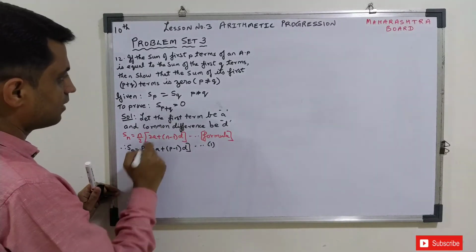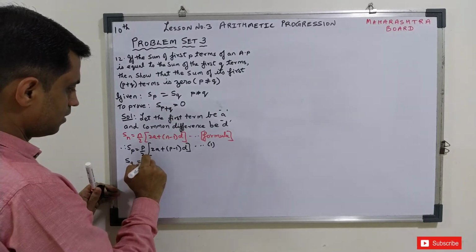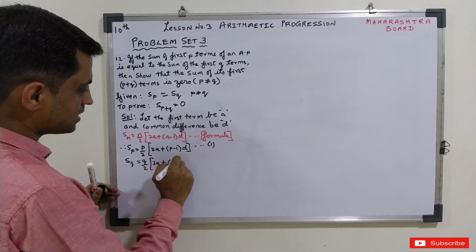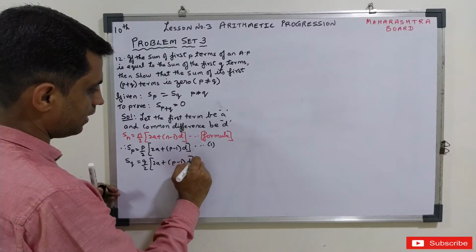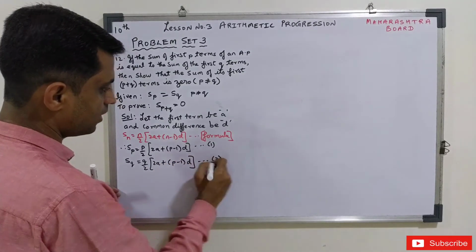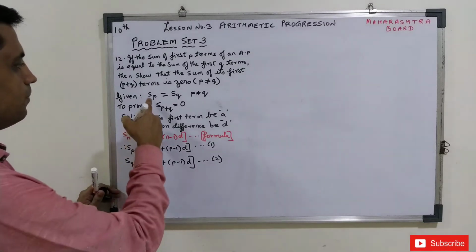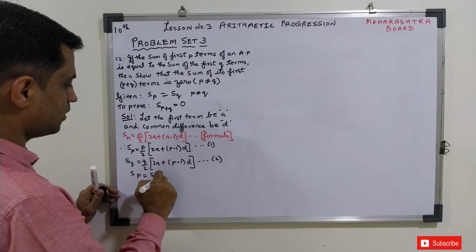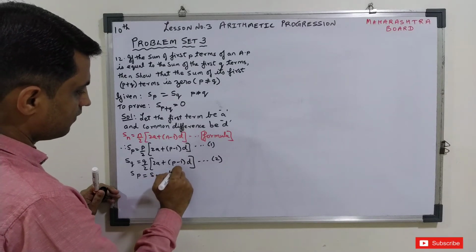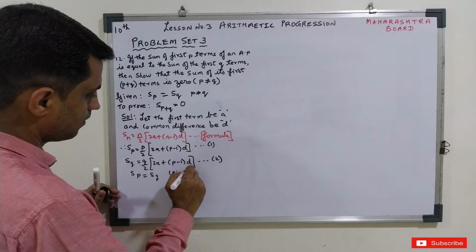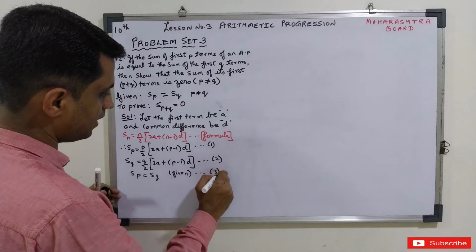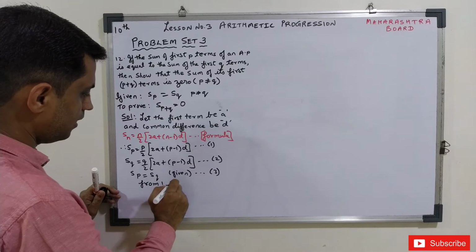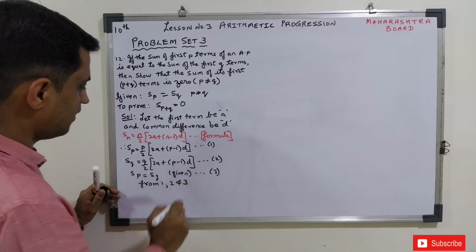SQ will be Q upon 2 (2a plus Q minus 1 into d). This is our statement number 2. Now SP is equal to SQ, given. This is our statement number 3. So from 1, 2 and 3, what will we get?